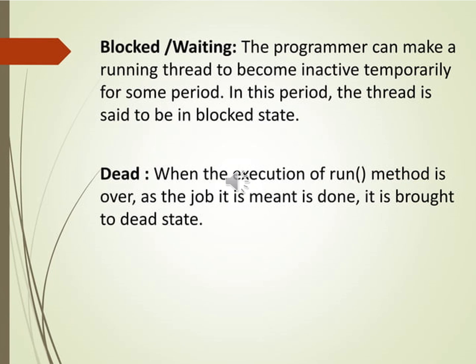The next stage is the timed waiting stage. Waiting forever leads to starvation. For example, thread A has entered the critical section of code and is not willing to leave the critical section. In that scenario, another thread has to wait forever, which leads to starvation.